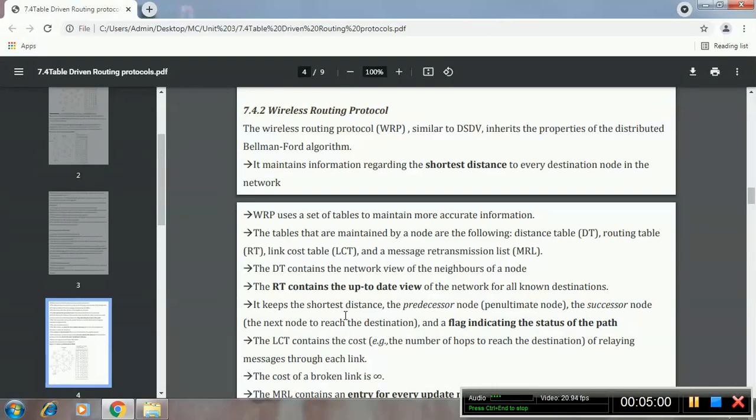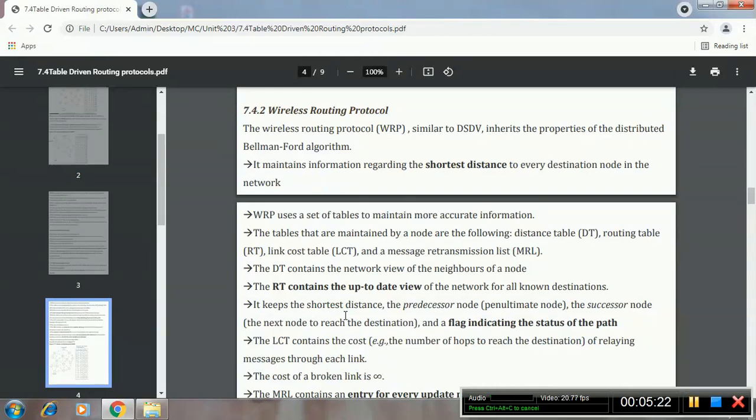The tables that are maintained by a node are the following: the distance table DT, the routing table RT, the link cost table LCT, and the message retransmission list MRL. These are the tables we are going to have.